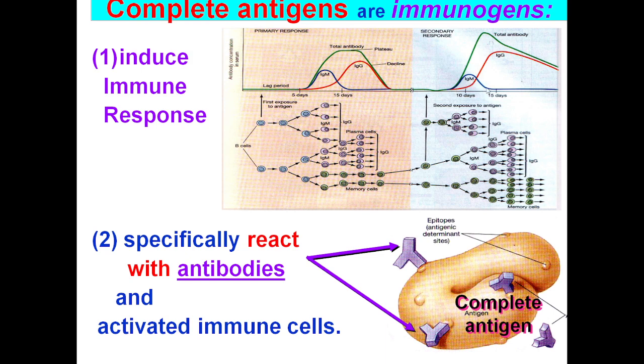But the second line of plasma cells is matured from B lymphocytes that continue to replicate many times. These plasma cells of the second line secrete immunoglobulin G, and the concentration of immunoglobulin G secreted in the secondary immune response is much higher than in the primary immune response.